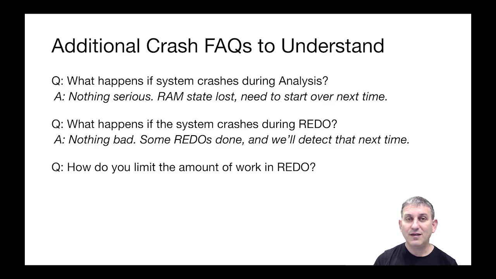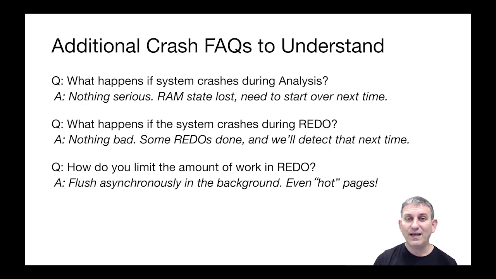And how do you limit the amount of work in redo? Remember, redo starts from the oldest recLSN in the buffer pool. And a recLSN is the first update to that page since it was brought into the buffer pool. So the way to make the oldest recLSN not very old is to make sure that things don't stay unflushed in the buffer pool for too long.